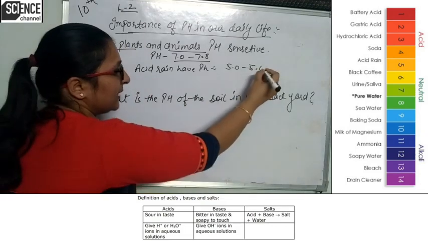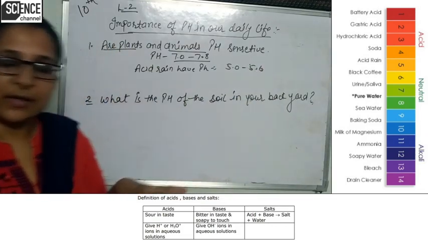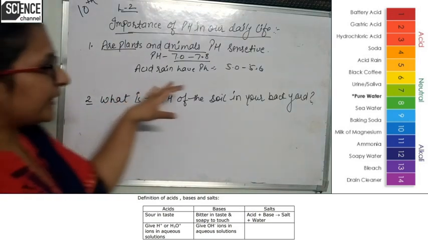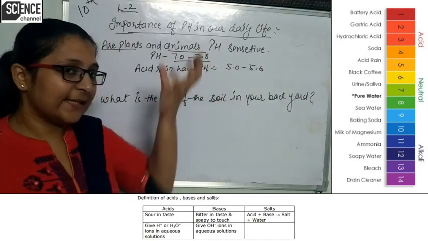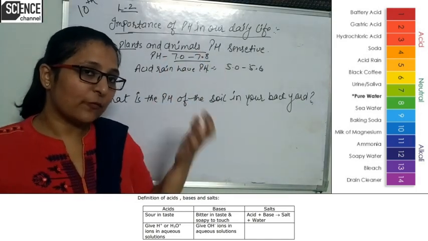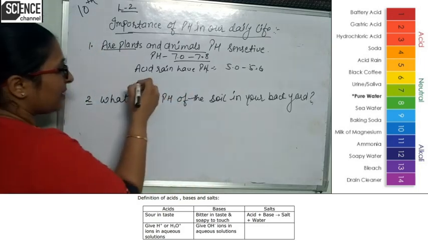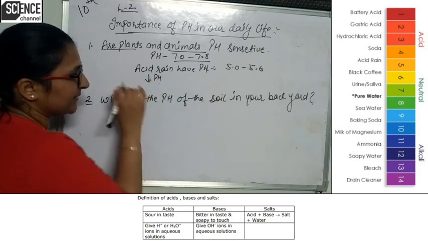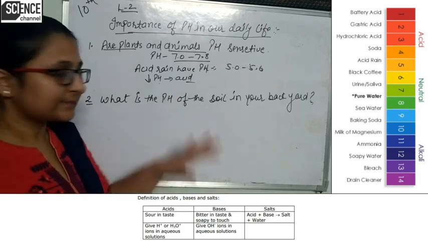Now that acidic water also falls into the rivers. Clear? If the acidic rain falls into the river, then the river water also decreases its pH, meaning it becomes acidic.